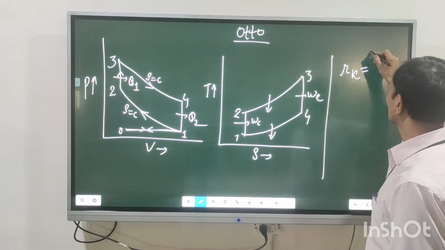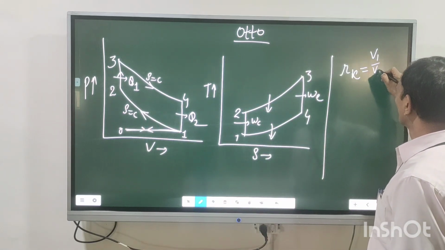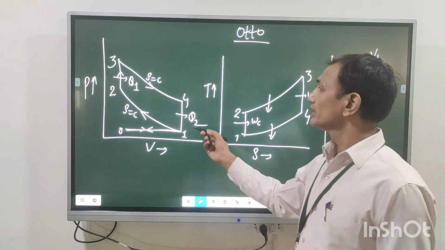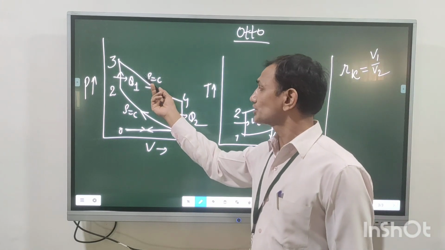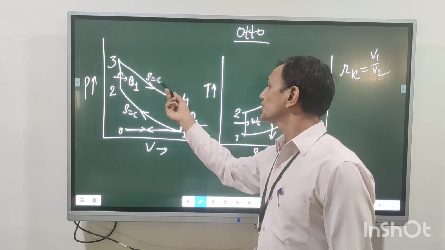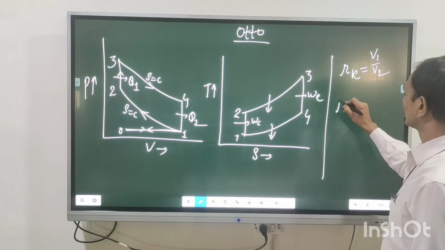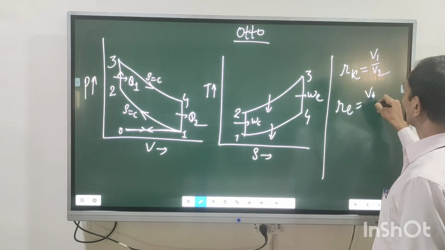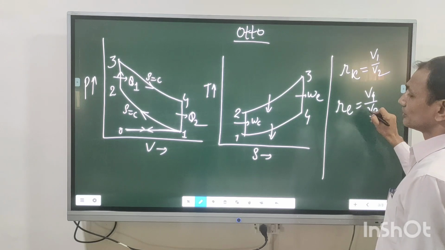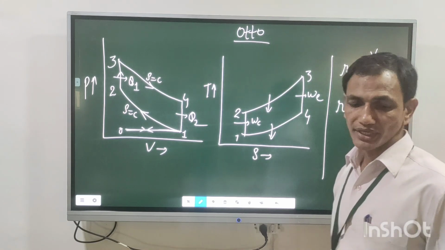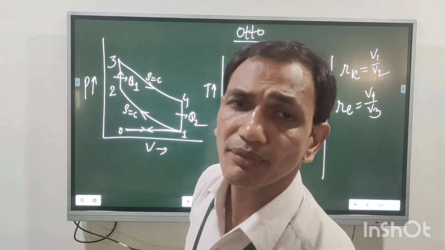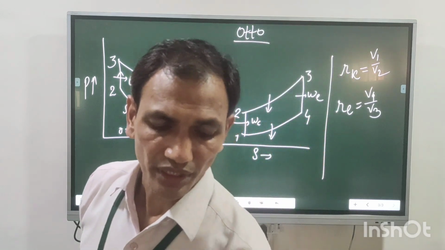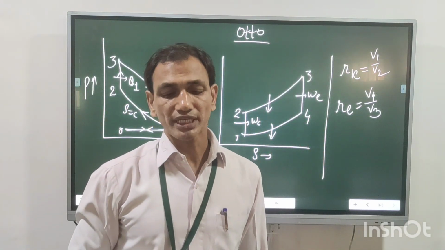So RK is equal to V1 upon V2, and for the expansion stroke, 3 to 4, RE is equal to V4 upon V3.